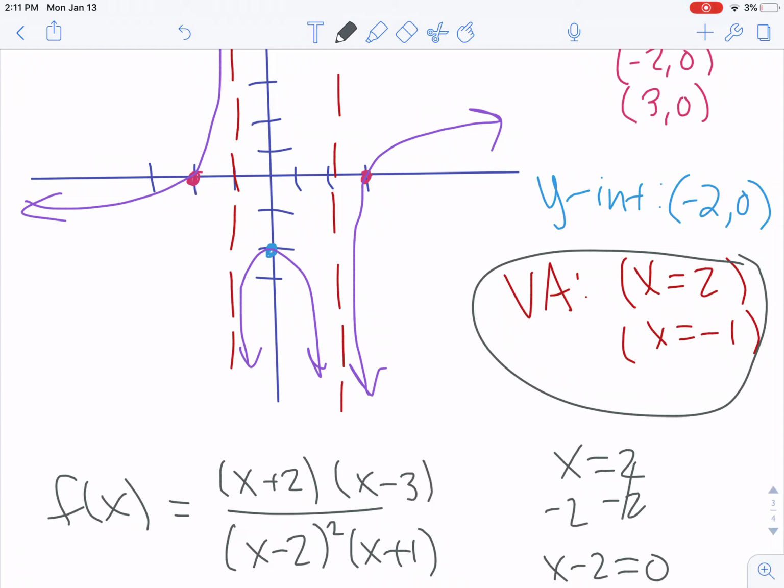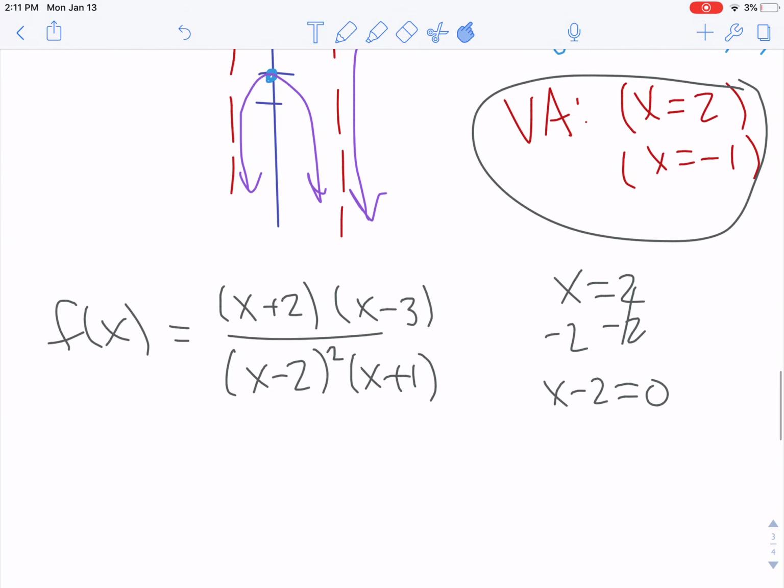Since it crosses at both of those, they both have an odd multiplicity, so we're just going to assume that they're both 1. Now, in front of all of this, there's an a value. Anytime you're writing an equation, you don't know if it's stretching, shrinking, anything like that. So you have to be able to find if there is an a value. To find that a value, we're going to use our y-intercept.